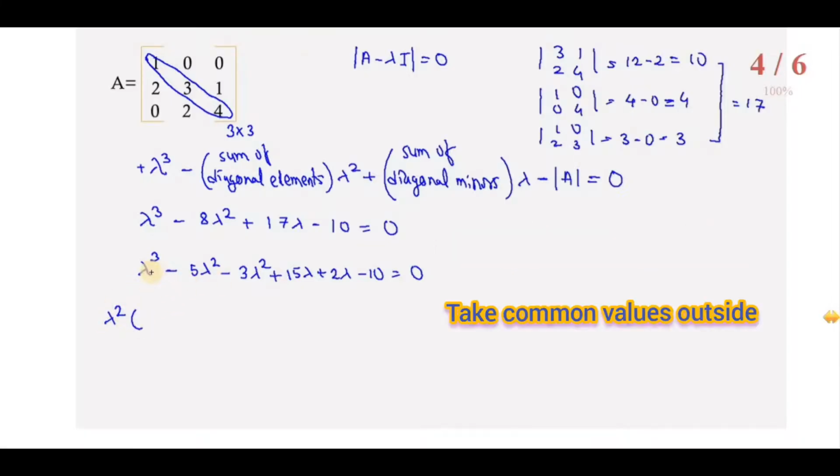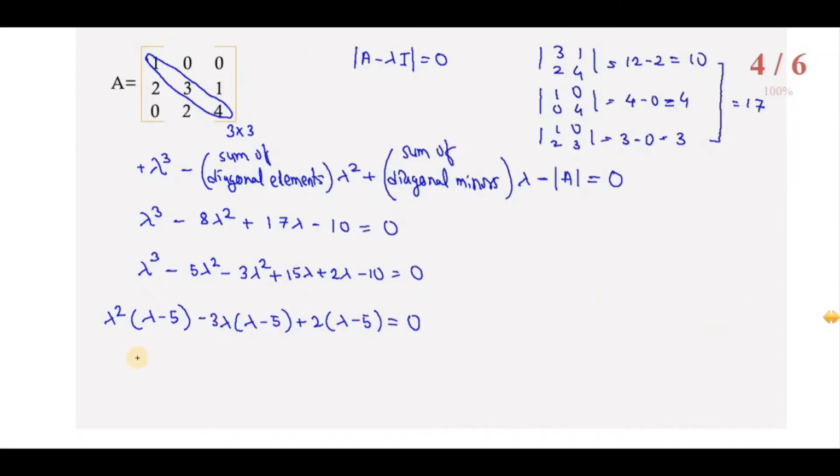Lambda square into lambda minus 5, then minus 3 lambda into lambda minus 5, and from the last two terms we take 2 common, 2 into lambda minus 5, is equal to 0. So we are getting lambda minus 5 into lambda square minus 3 lambda plus 2 is equal to 0.